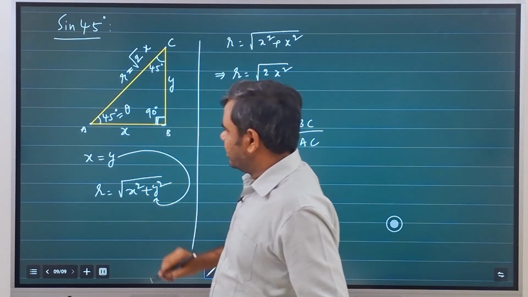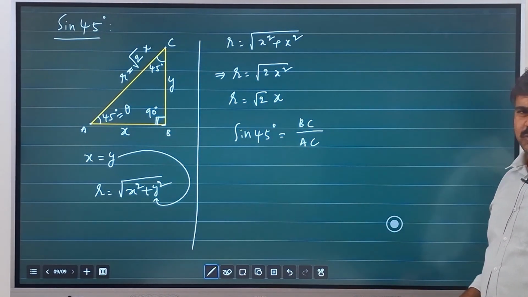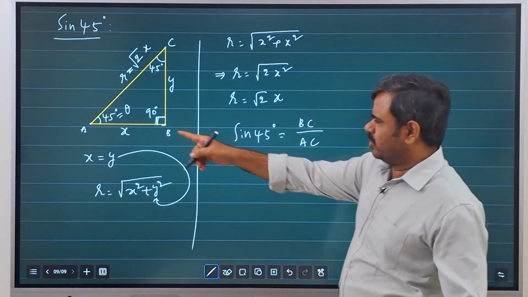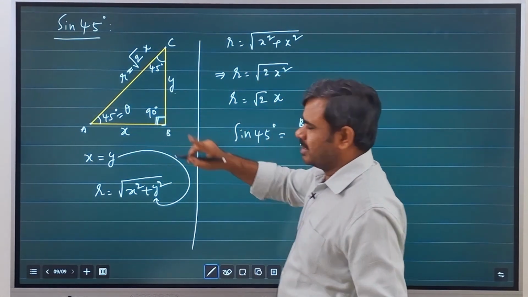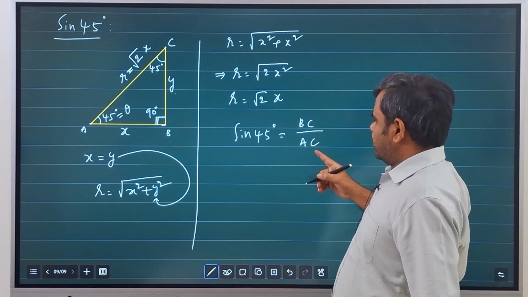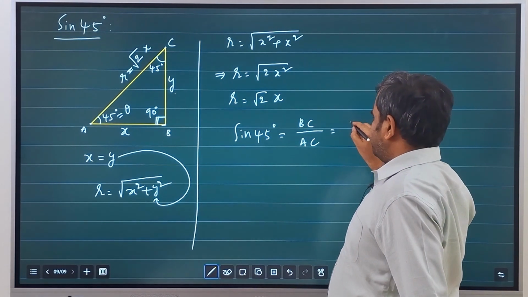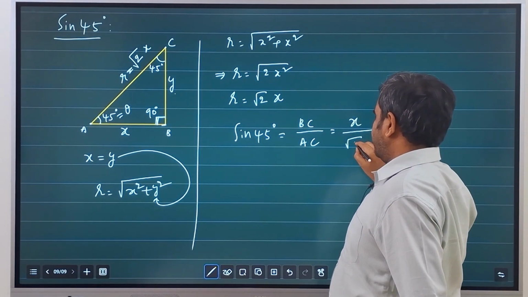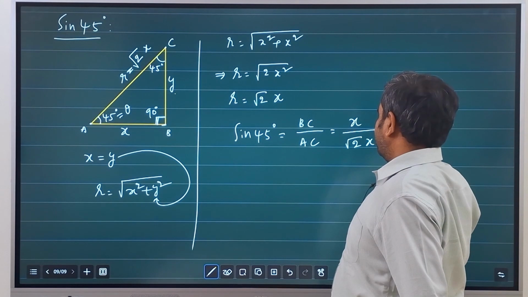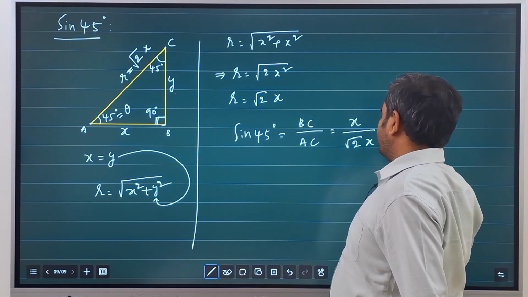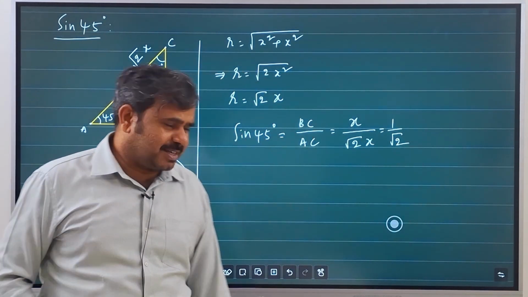This is the angle theta I am taking. Or take the other angle also, you get the same value, because these two angles are 45 degrees and these two sides are equal. Sin 45 degrees is opposite side by hypotenuse, which is X by root 2 X. So what are we getting? 1 divided by root 2. This is the value of sin 45 degrees.